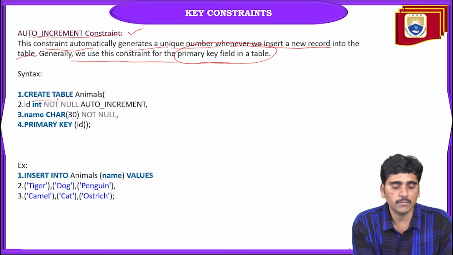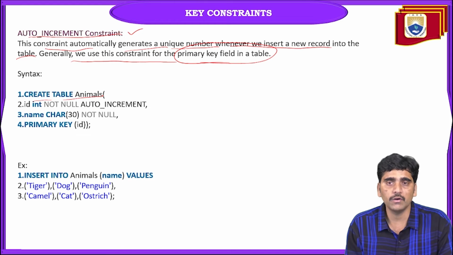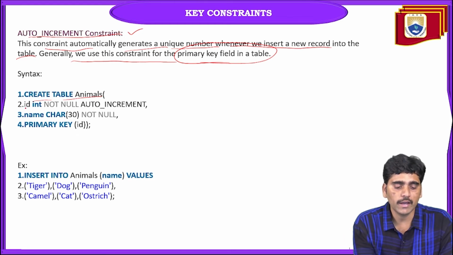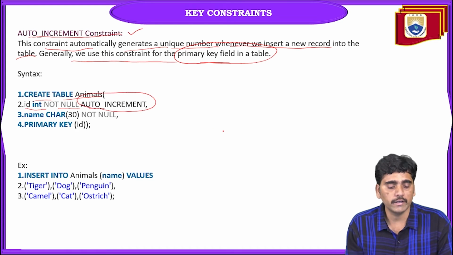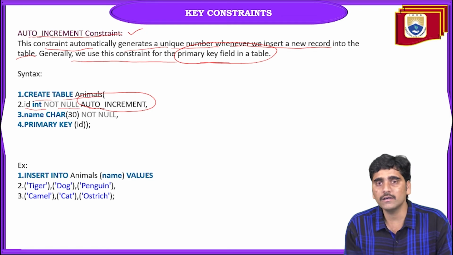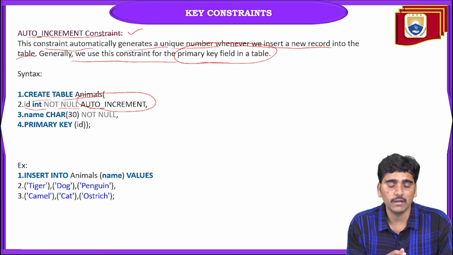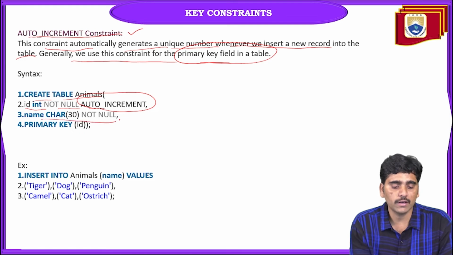Create table animals. The id is int, not null, auto increment. The ID data type is integer, and the constraints are not null and auto increment. The name is a not null column, and the primary key is what? ID.